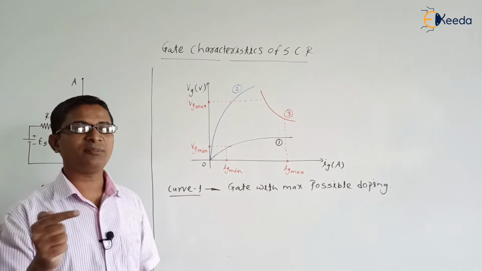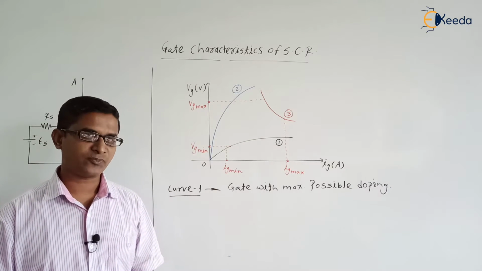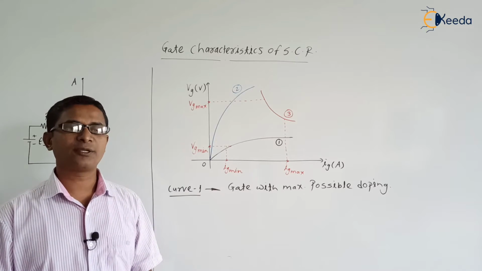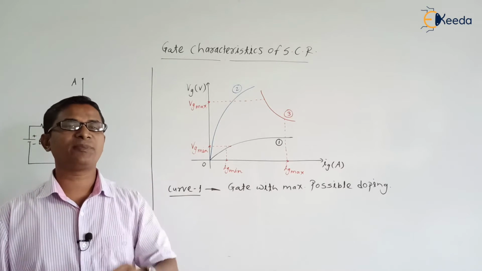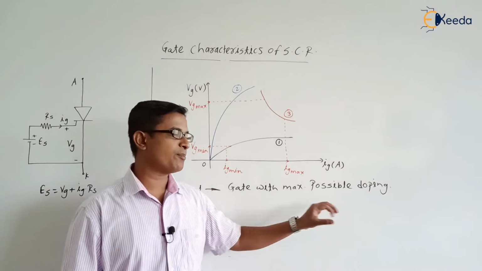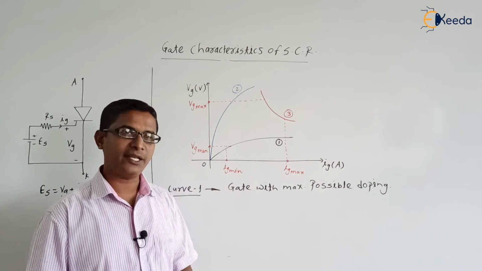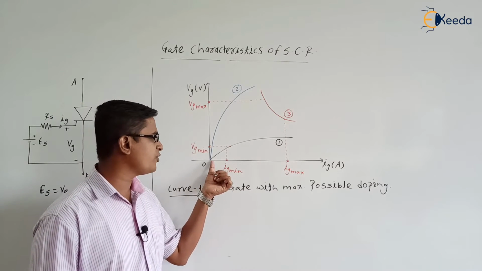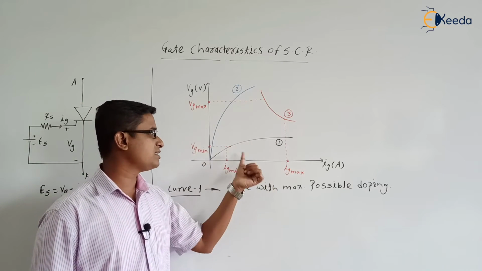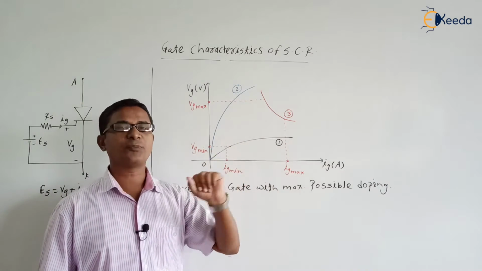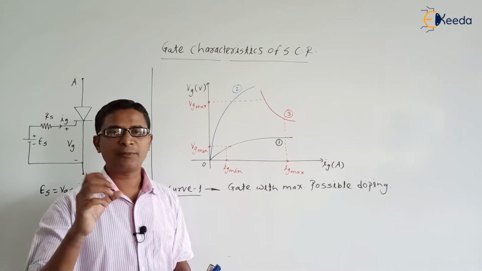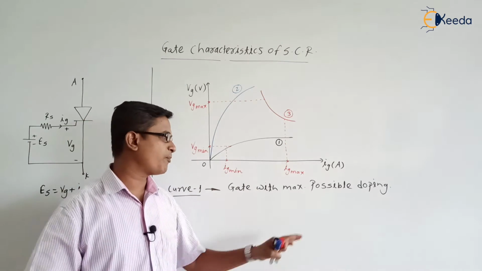Out of that, the gate terminal is connected to the inner p-type layer. So if that inner p-type layer is having a maximum possible doping, then we will be having the Vg versus Ig curve like this. Suppose we are having the SCR inner p-type layer maximum possibly doped.